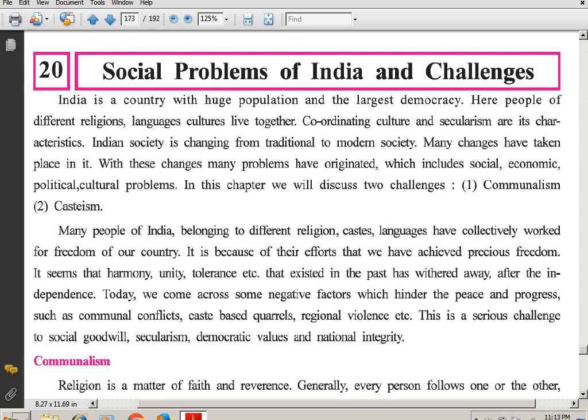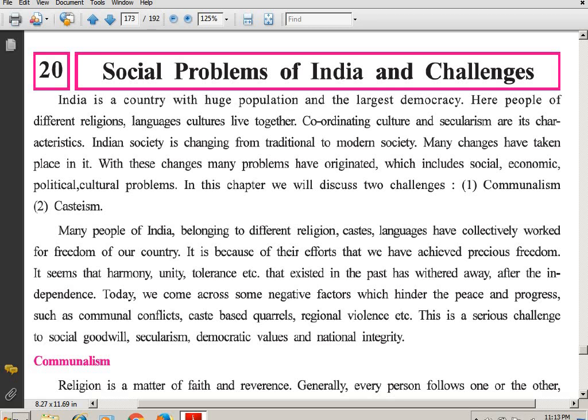India is a country with a huge population and the largest democracy. Here, people of different religions, languages, cultures live together. Coordinating culture and secularism are its characteristics. Indian society is changing from traditional to modern society.